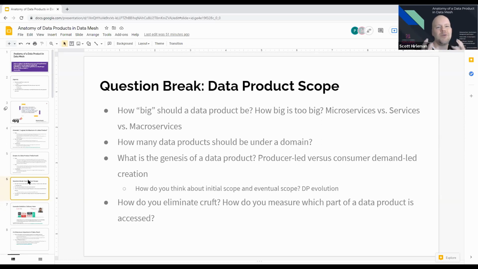Also, with the evolution, how do you measure what's being used and eliminate cruft so that you don't end up with bloated data products, especially if maintaining the quality around these three tables is difficult, but nobody's using those three tables? So how do we get that out of there?